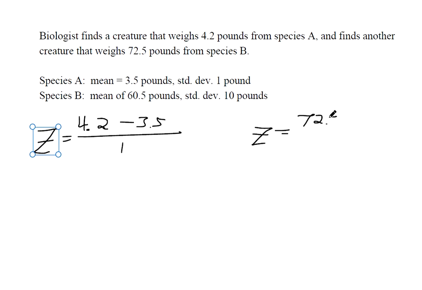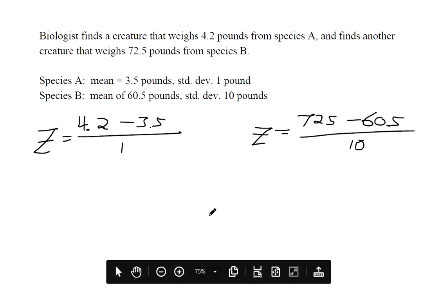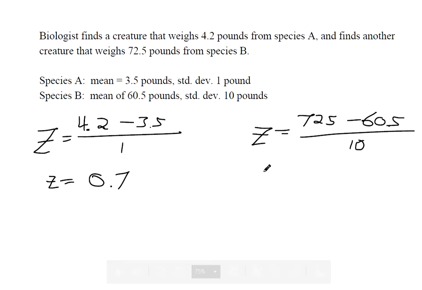It's a 72.5. The individual is 72.5 pounds. The population mean is 60.5 and the standard deviation is 10. So if we crunch those out, when I do videos I have a hard time with mental arithmetic. I'm pretty sure that's 0.7, and then this one, no, that's not 2.